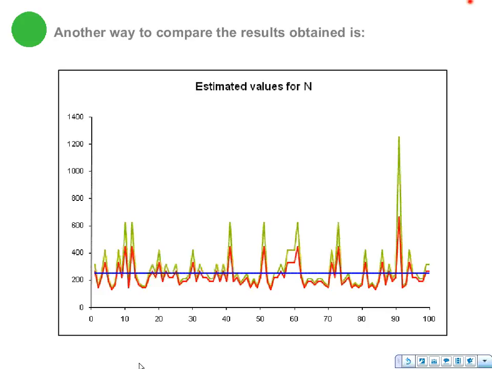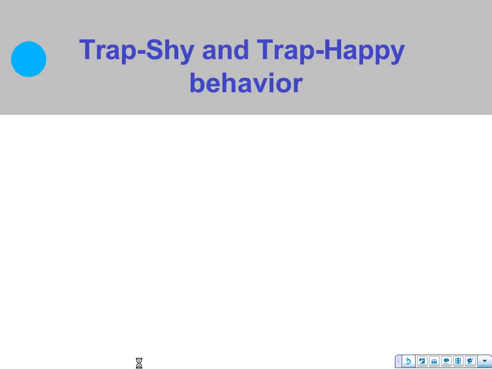Exactly. That's one of the hardest problems to deal with, and that's what we call the trap shy, which is the problem that we're suggesting: they run away, they get very scared, and so basically after being captured the first time, the probability of being captured the second time is much lower compared to the rest of the population. Okay? Or you can actually have the opposite problem, which is the trap happy.